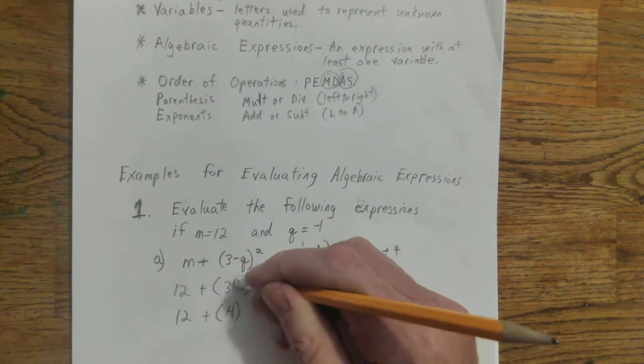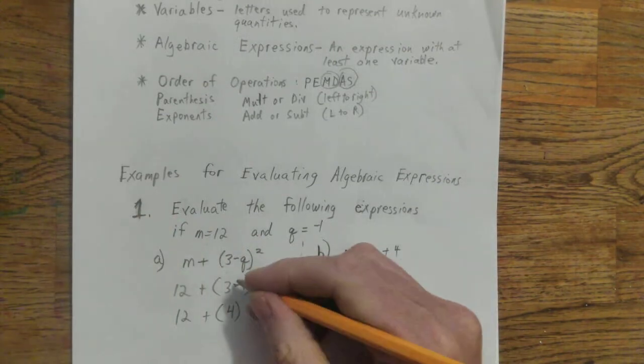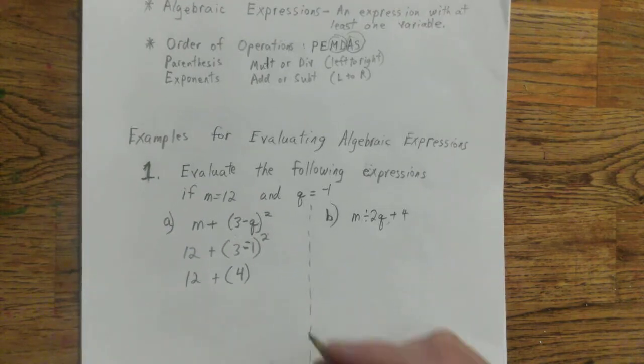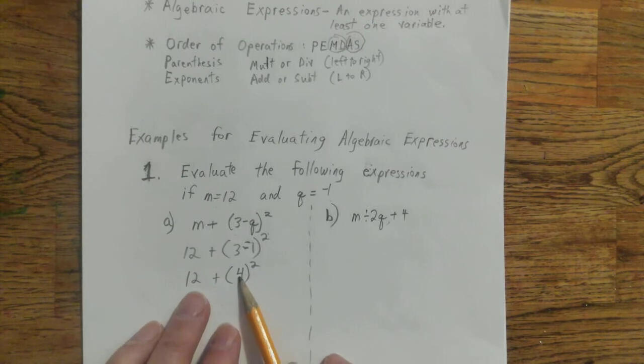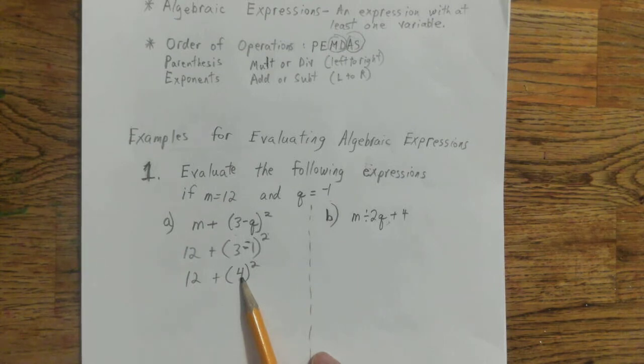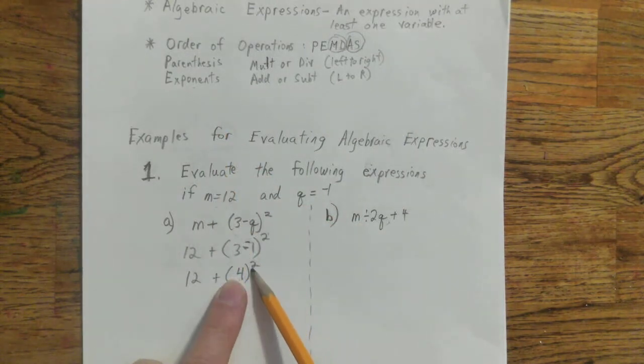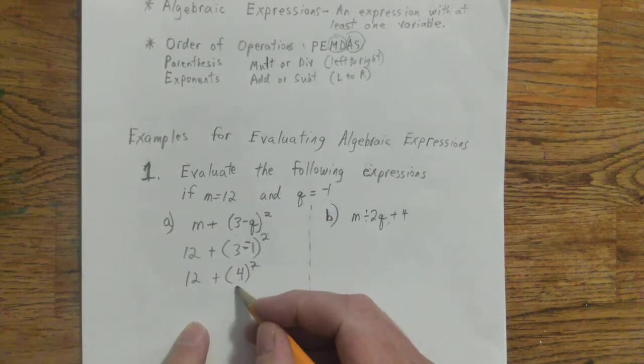That looks a lot like a 7, so let me be a little more careful with that negative sign. And you've got your power now. Okay, now we are ready. We've taken care of parentheses. What's in parentheses was 4. And now we're ready to look for exponents, which we do have one, 4 to the second power.